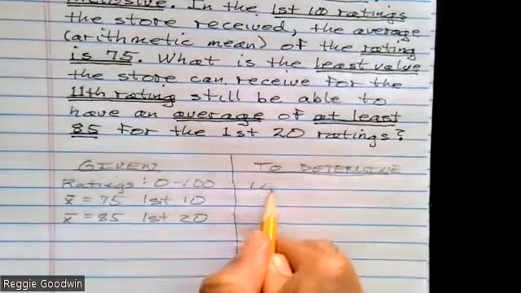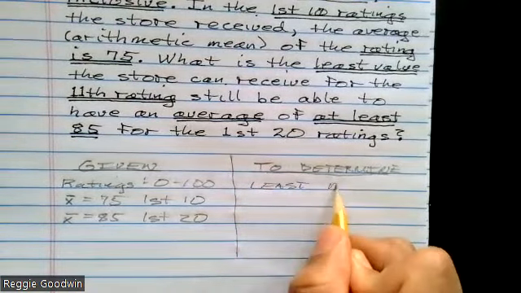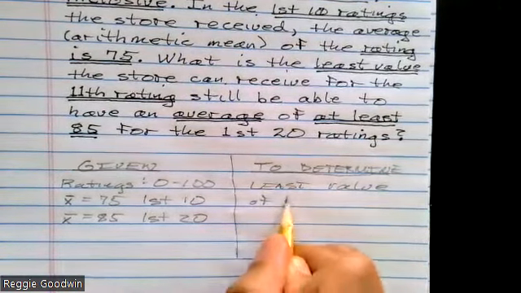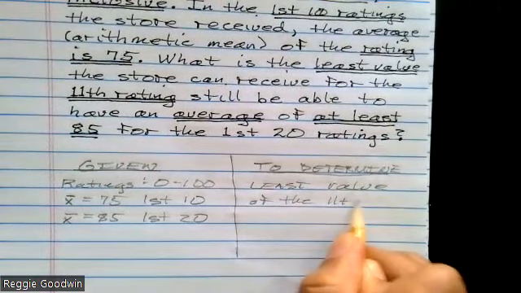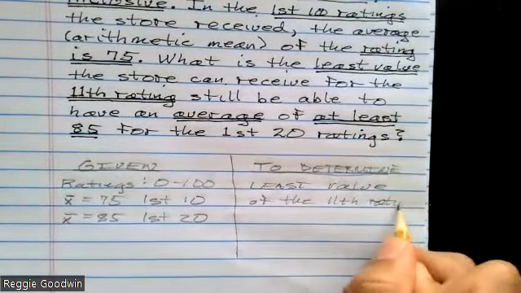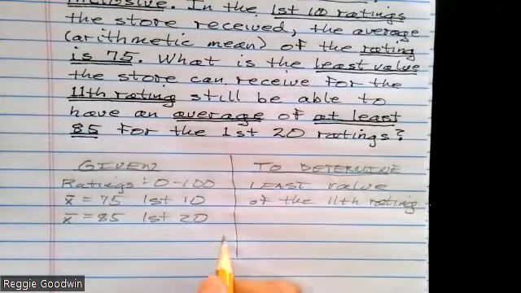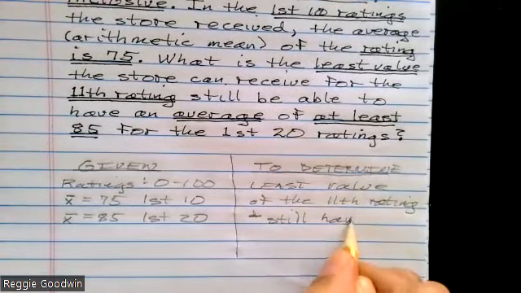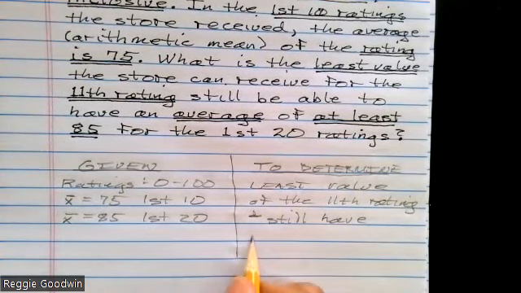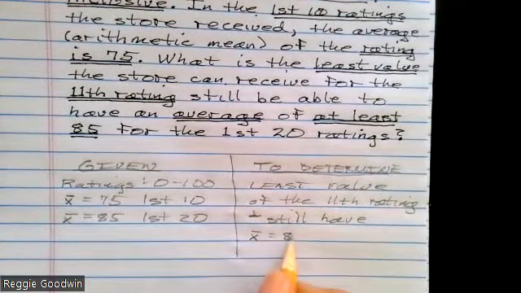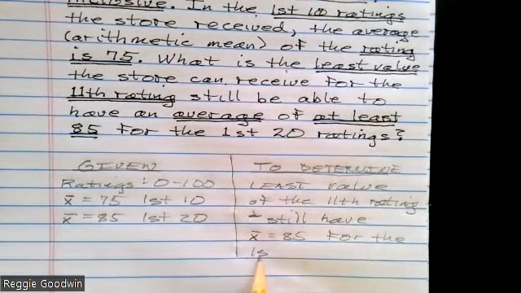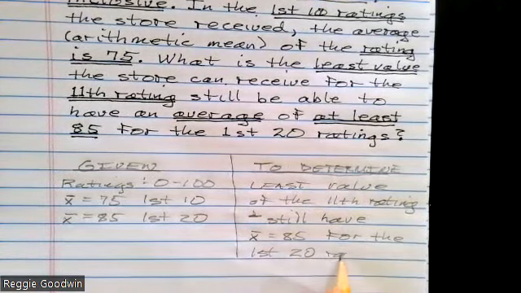You want the least value of the 11th rating and still have an arithmetic mean of 85 for the first 20 ratings.